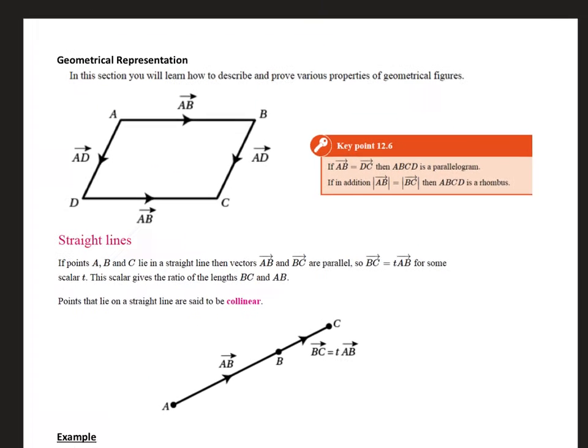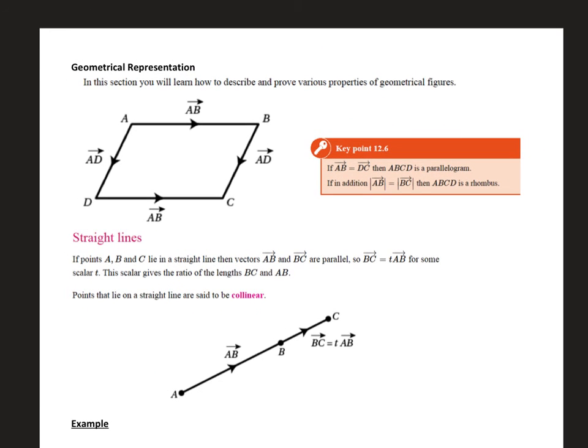Okay, and the last bit of vectors is vector representation again. So using vectors to talk about straight lines and 2D shapes, especially quadrilaterals, stuff like that. On the picture on the screen, you can see a parallelogram. A parallelogram means opposite sides are parallel. So AB, this vector here, is parallel to this vector here.